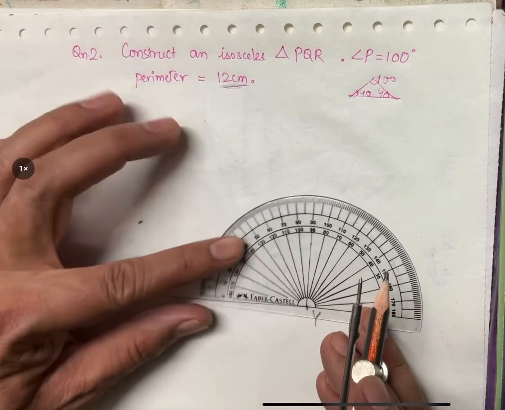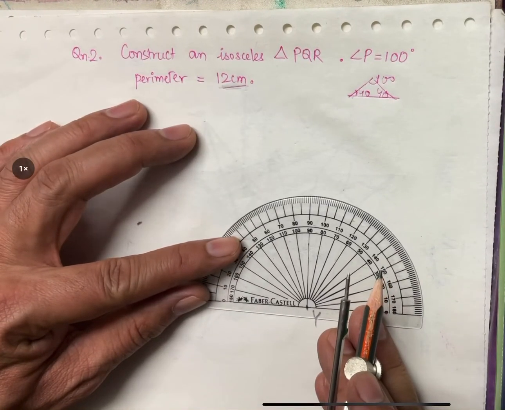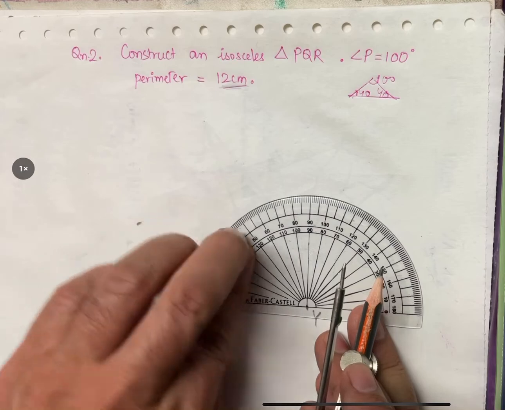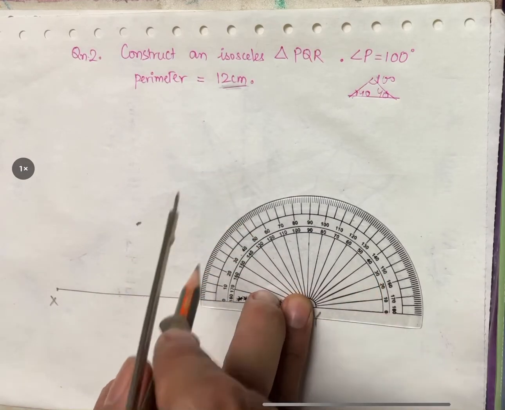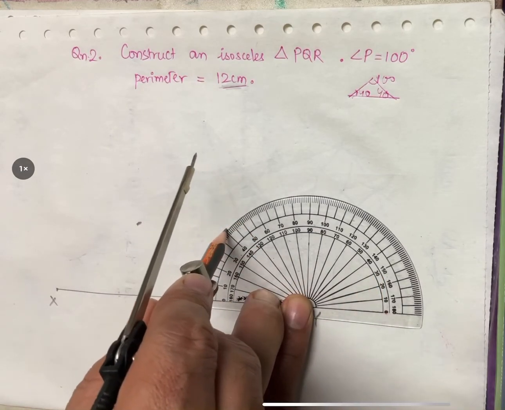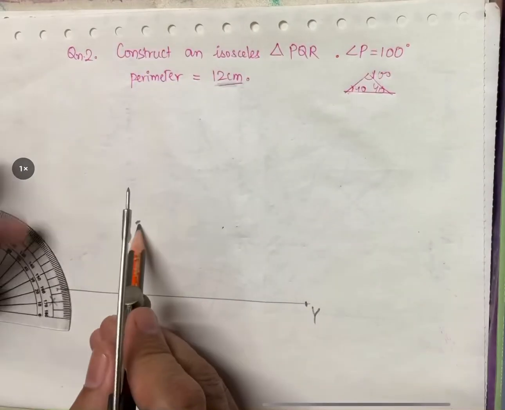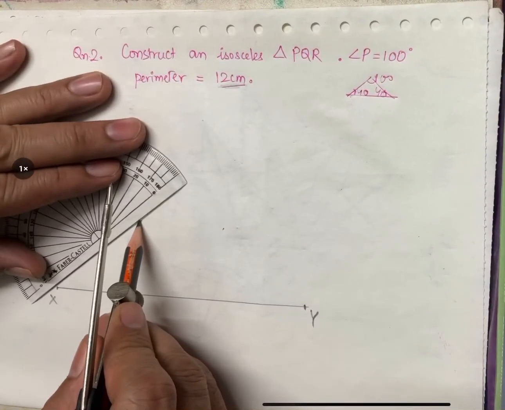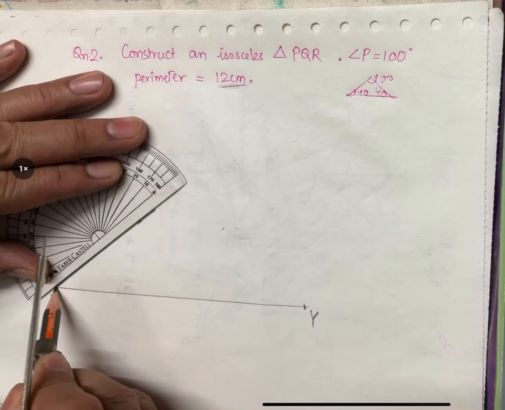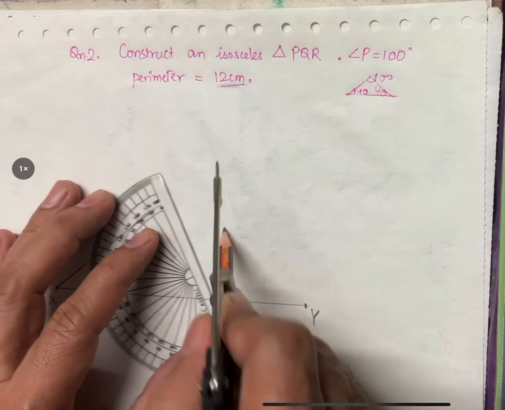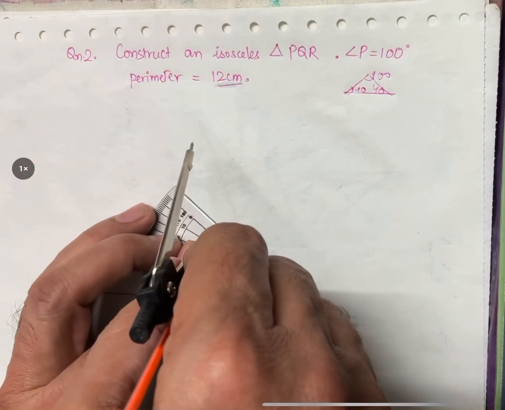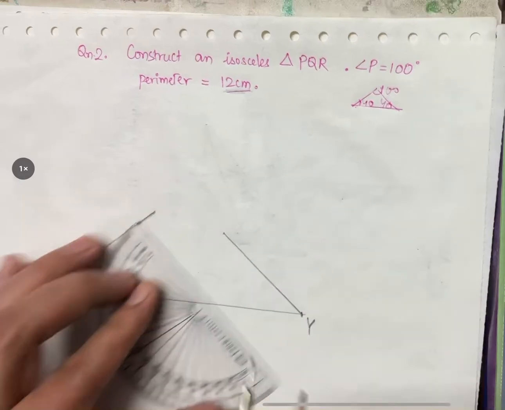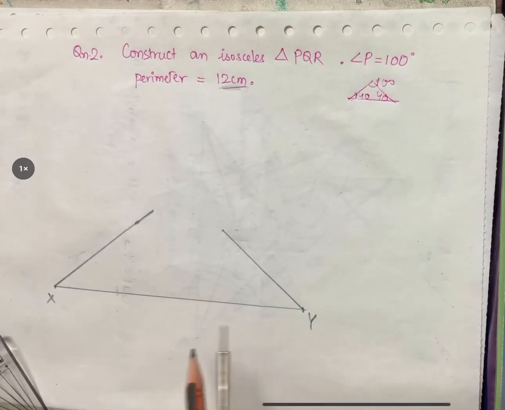For this also, find 40 degrees very carefully. The 0 is outside, so 40 is this one. Yeah, this is 40 and this is also 40.